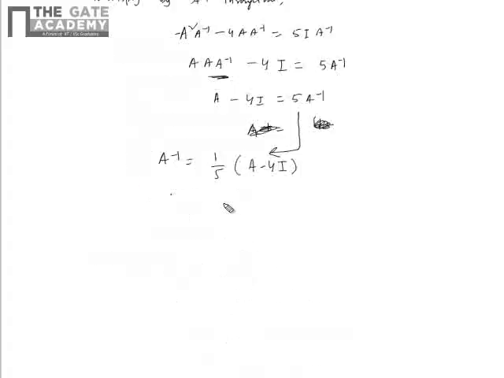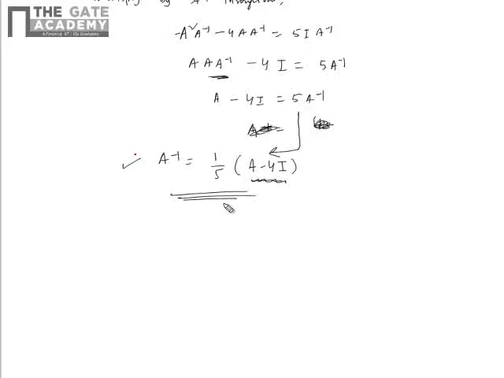The basic point is, as I told you, in the applications of this Cayley-Hamilton theorem, you can easily evaluate A inverse. You can express A inverse in the powers of A or A square. But here it happens that A inverse is purely, you just compute A, subtract 4I, and multiply by 1 by 5. So the inverse of a matrix can be easily evaluated once you know the characteristic equation, because the square matrix also satisfies that characteristic equation.